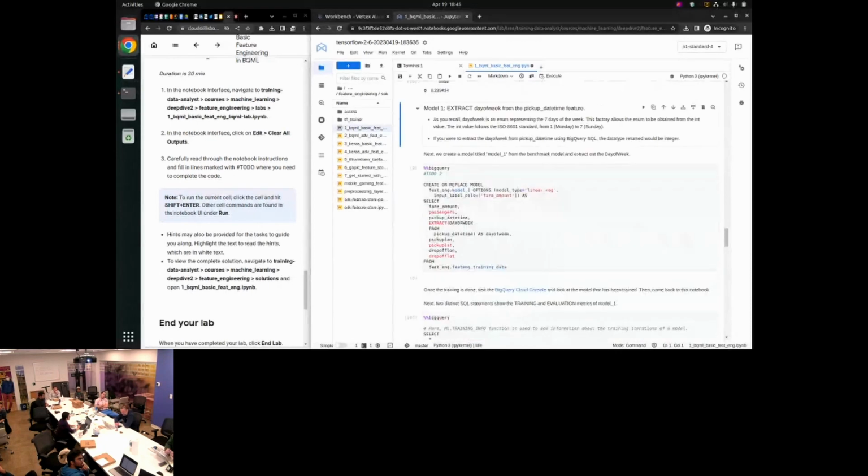What we are trying to do here is, instead of just getting previously the pickup date time, we are going to extract the day of the week from this pickup date time. If you go up and check the base model, you will see that we do not have this line of code here.